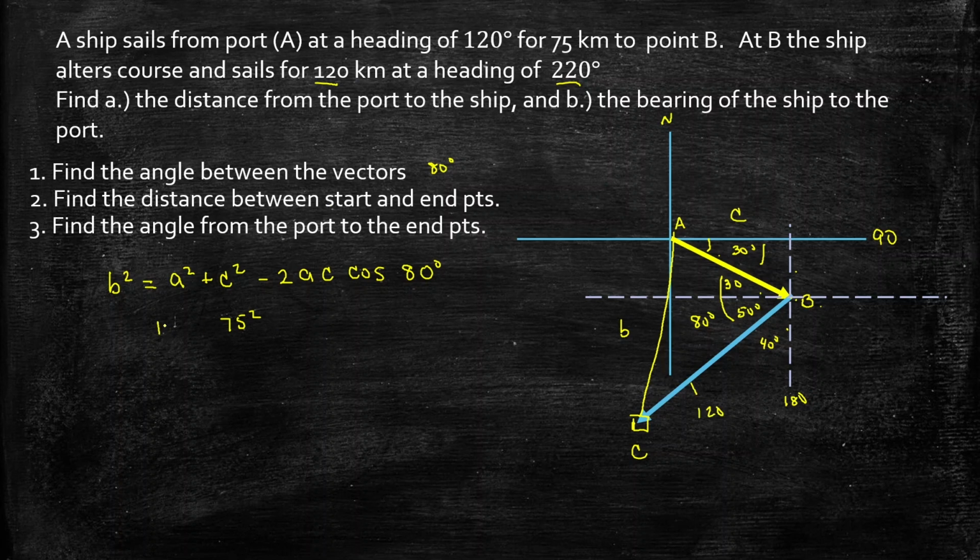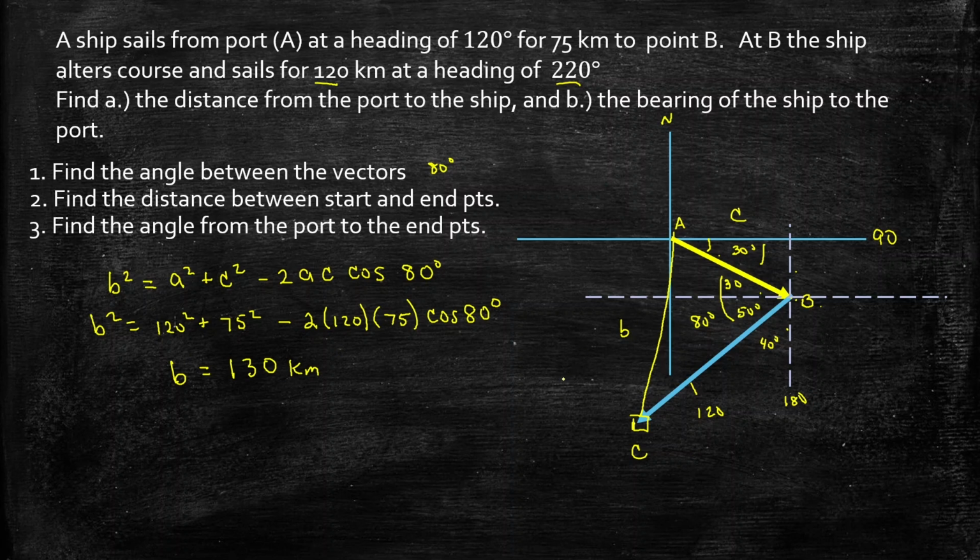So B squared equals 120 squared plus 75 squared minus 2 times 120 times 75 cosine 80 degrees. And so B, with the calculator, is about 130 kilometers.